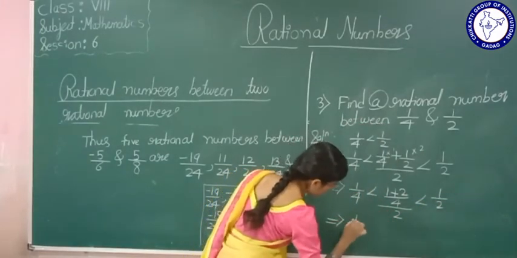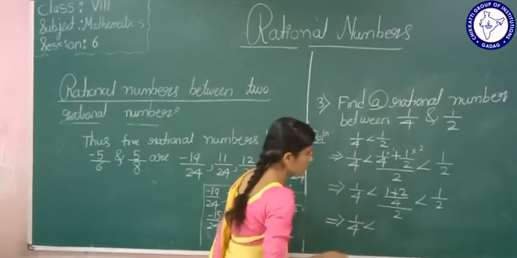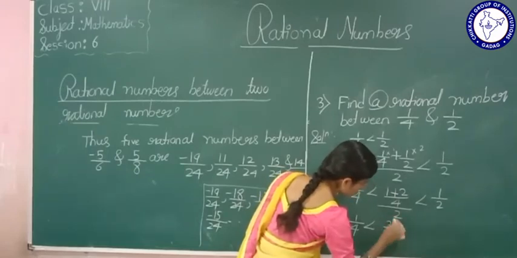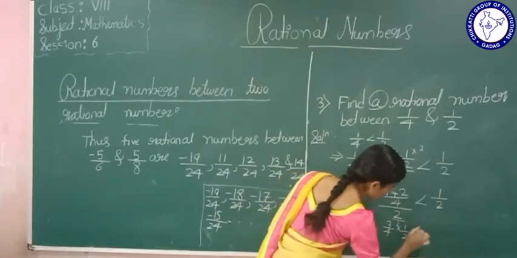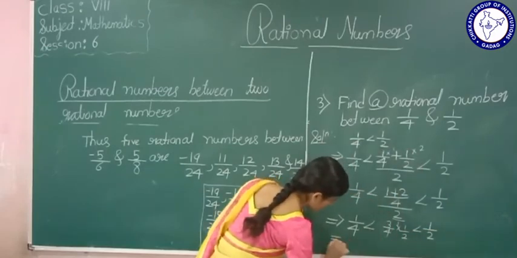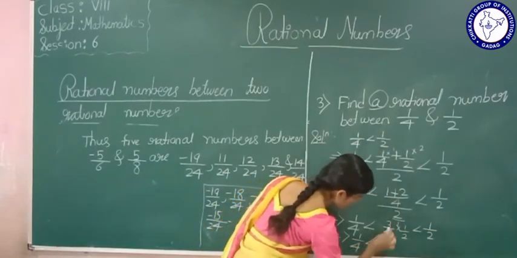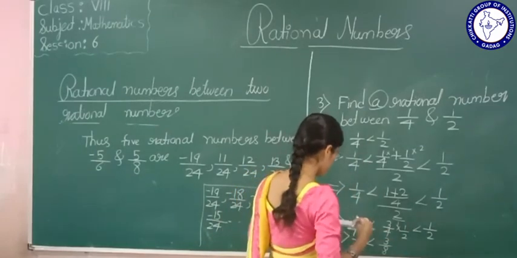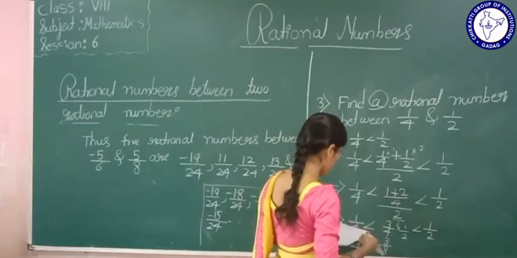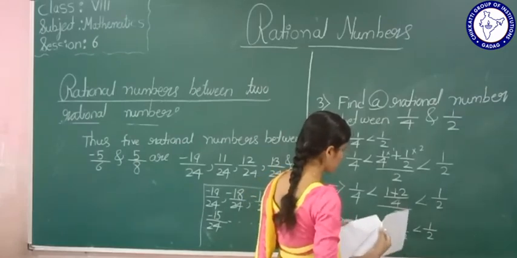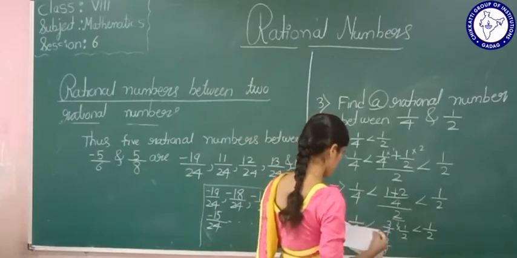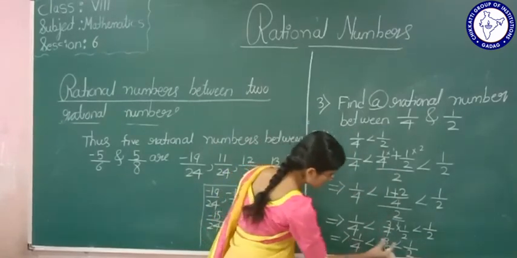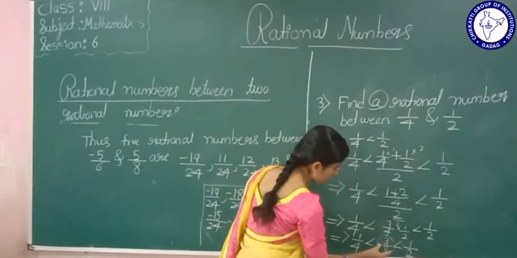This implies 1 by 4 less than 3 by 4 into 1 by 2. This implies 1 by 4 less than 3 ones are 3, 3 by 8, less than 1 by 2. See here, between these two rational numbers we have one rational number, 3 by 8.